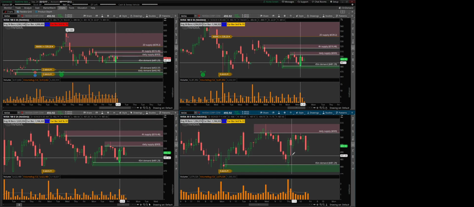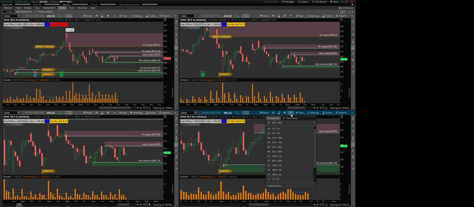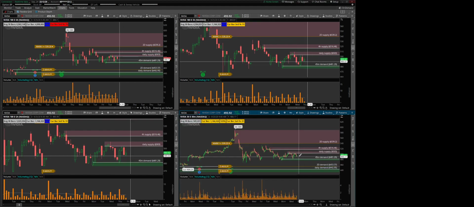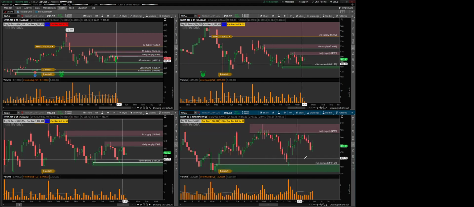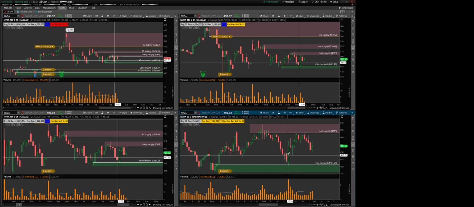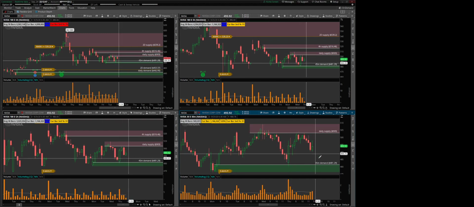So we can get a little more aggressive, I would say, and look for one more time frame. That was a 45-minute. Let's see if we have anything on the 30-minute. The open of this candle was 488.21, and what was the low of this candle? Low 488. So yeah, I would mark this 30-minute.